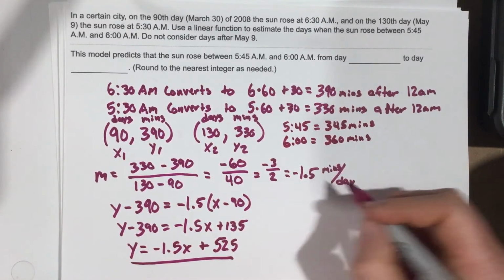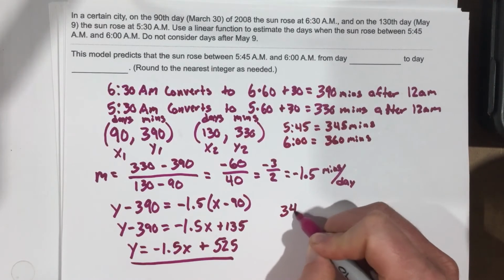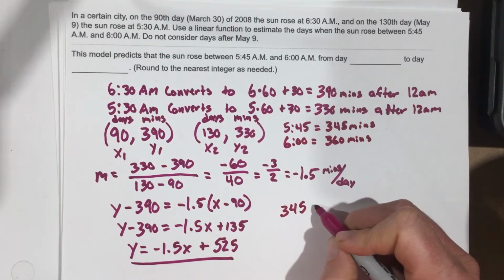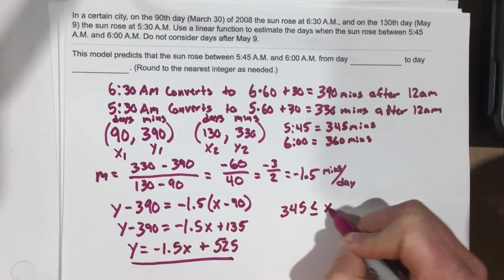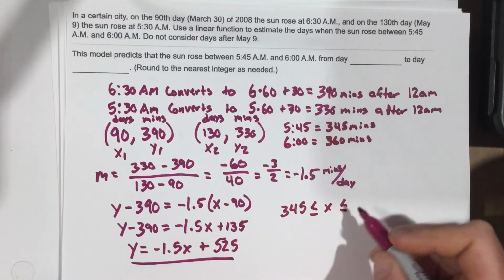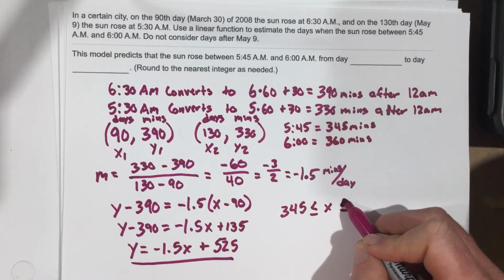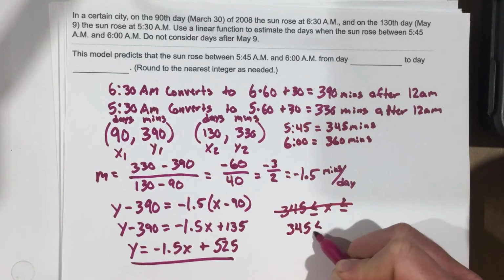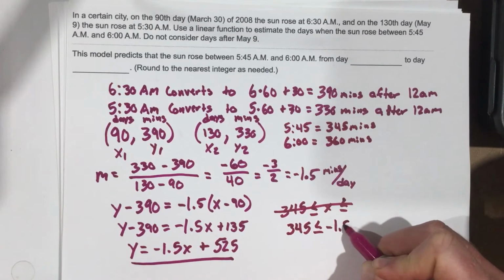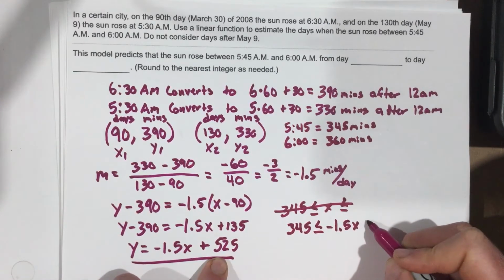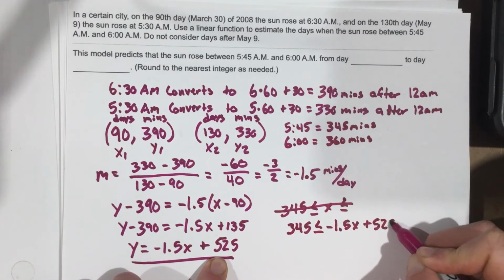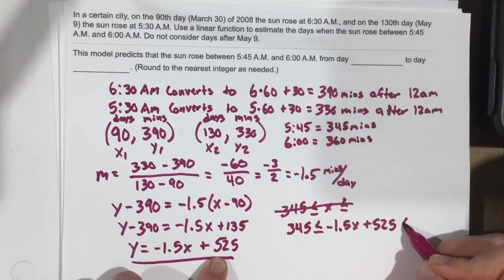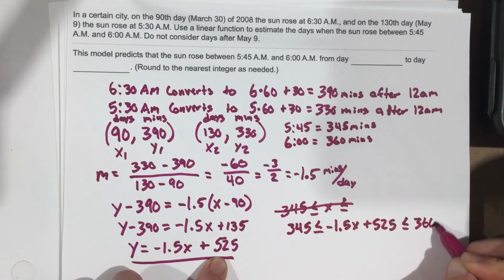So 345 needs to be the smaller number. It needs to be less than or equal to negative 1.5x, our formula here, plus 525, which needs to be less than or equal to 360.